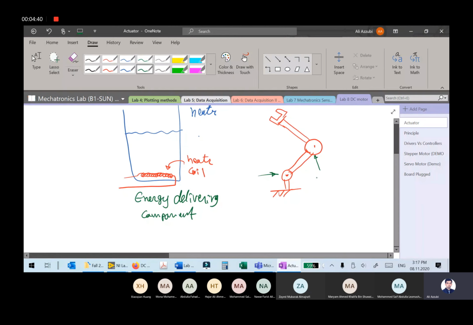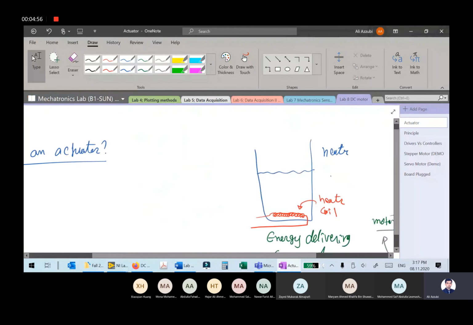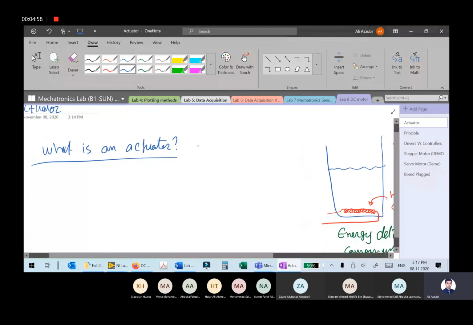In that case, this will be a motor. Generically speaking, this is a motor. Both are actuators. So an actuator is the energy delivering component.